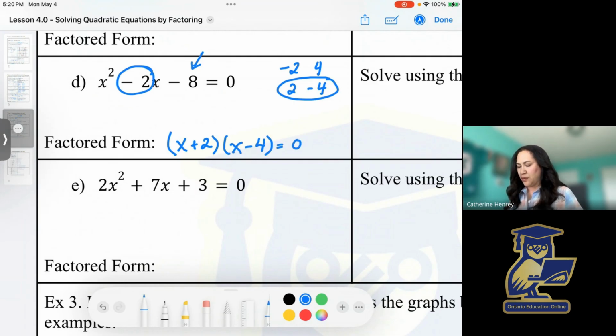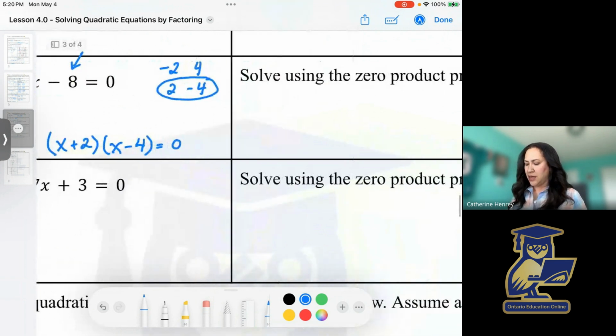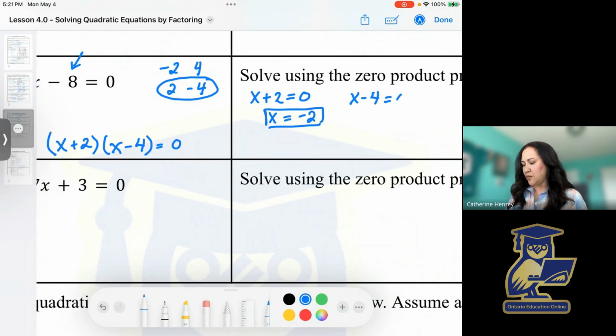And using the zero product property here, we take the first factor, x plus 2, set that equal to 0, solve for x, and we'll get x equals negative 2. And we'll take the second factor, x minus 4, set that equal to 0. And simplifying for x, we get x equals 4.